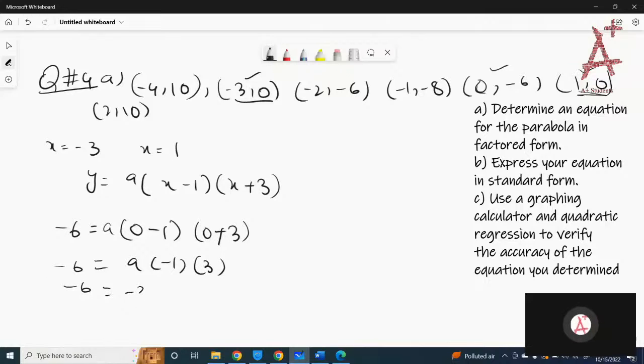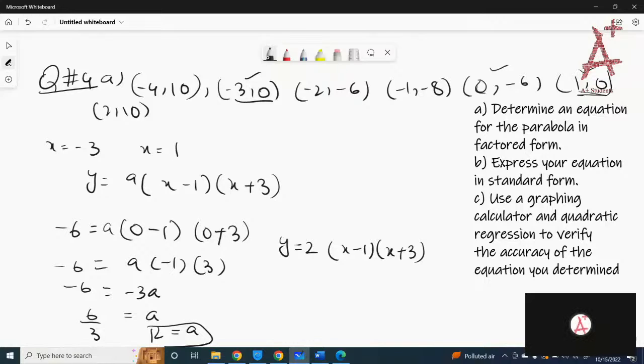Negative 6 equals negative 3a. Then a equals 6 over 3, a equals 2. Got it? Now the equation is y equals 2(x minus 1)(x plus 3). That is the equation that we have to find in part A.